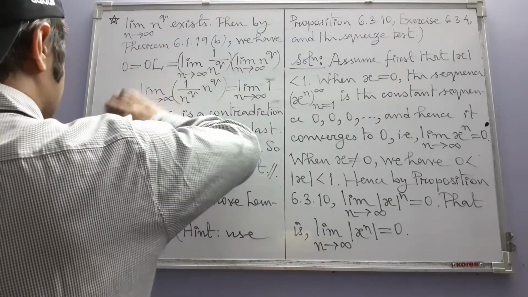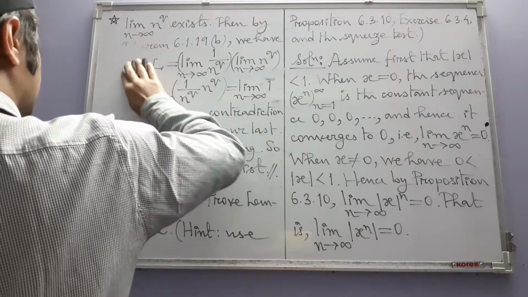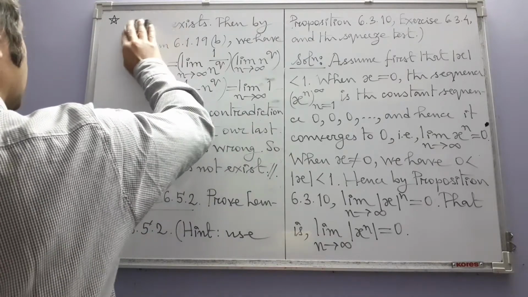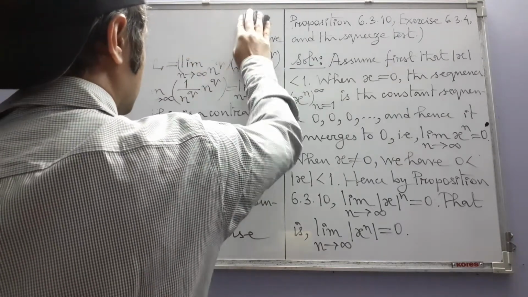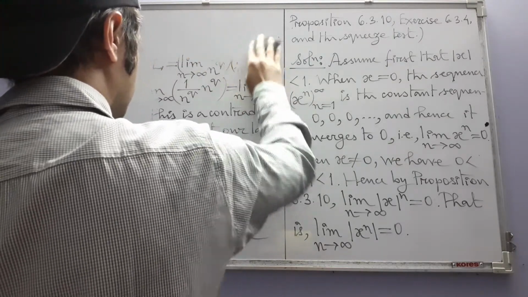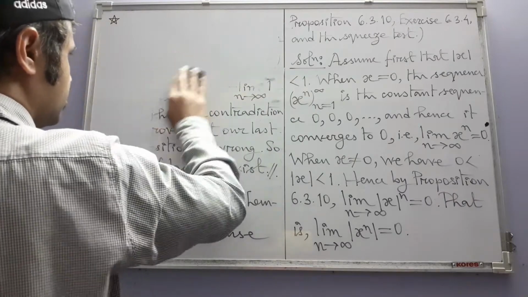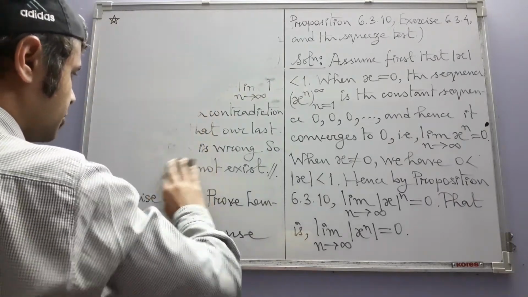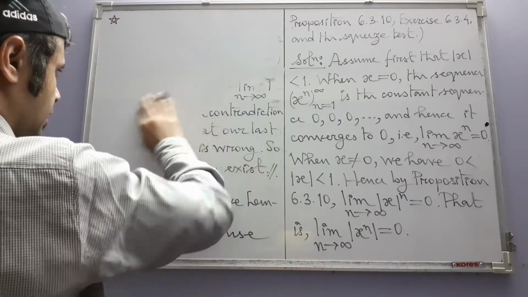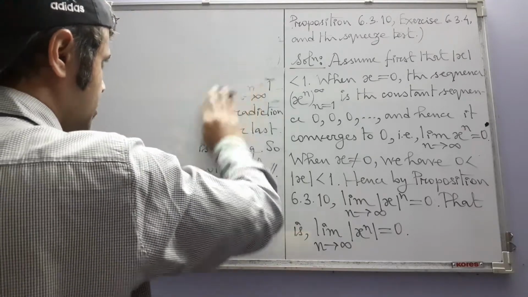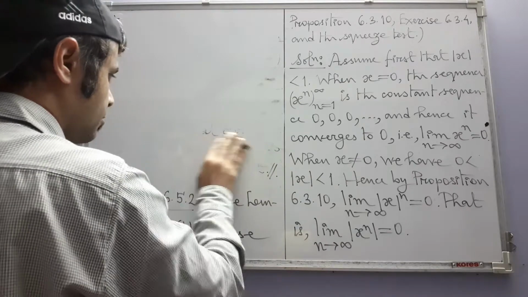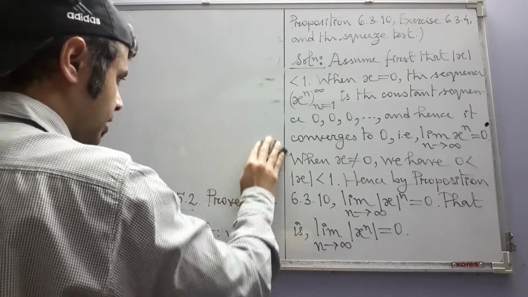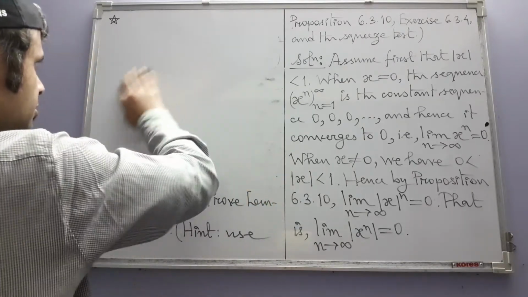The zero test says that if you have a sequence of real numbers, say an, then it converges to 0 if and only if the sequence obtained by taking the absolute values of the terms, that is mod an, also converges to 0. That is the zero test, and it's a consequence of the squeeze test.